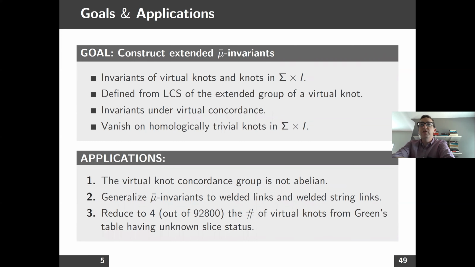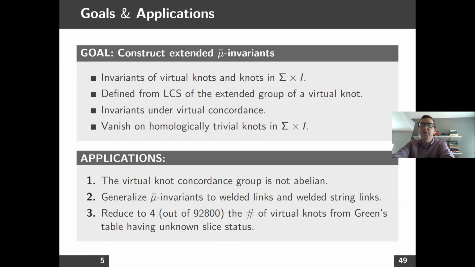All right, so what we want to do is to construct an extension of the mu-bar invariants to virtual knots and to knots in thickened surfaces Sigma times I, where Sigma is closed and oriented. And these are going to be defined from the lower central series of the extended group of a virtual knot. So this is an extension of the usual Wirtinger group of a virtual knot.